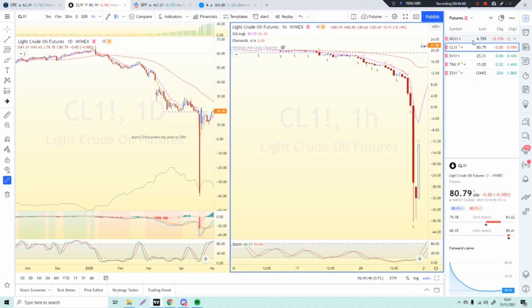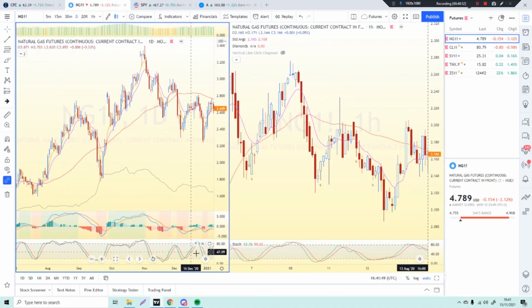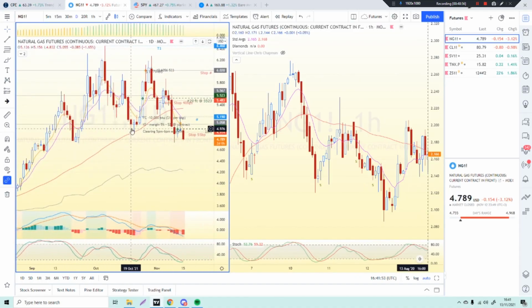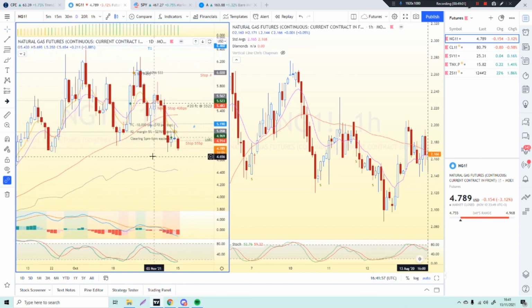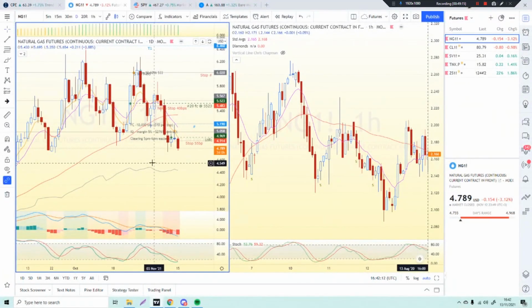So these are the ones that I look at. But natural gas, for instance, I took quite a big trade on that one. Gas is a strange one because you're buying 10,000 million British thermal units, which is essentially $10 per basis point.